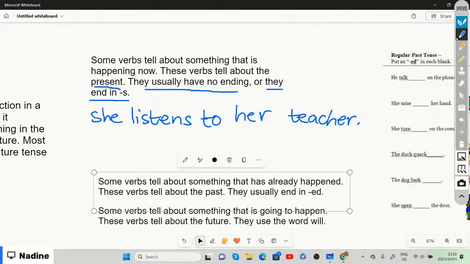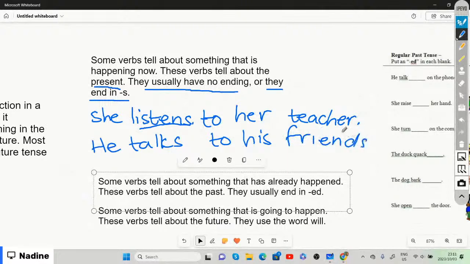So that means that this person is listening. Or, he talks to his friends, right? So that is two examples of verb tenses that tell us about the present.